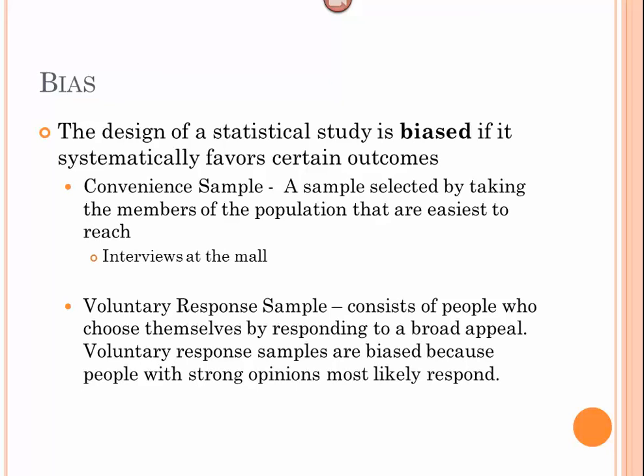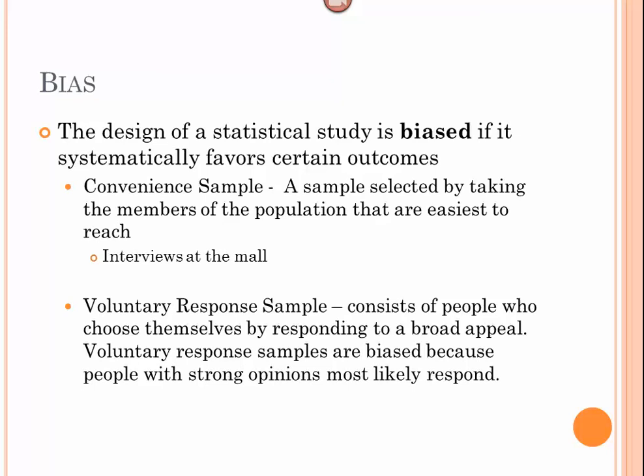There is that general population that might not have a strong opinion, but might lean in a certain direction. And so we want to watch out, especially for voluntary response samples. Those are the biggest problems that work themselves into sampling studies.